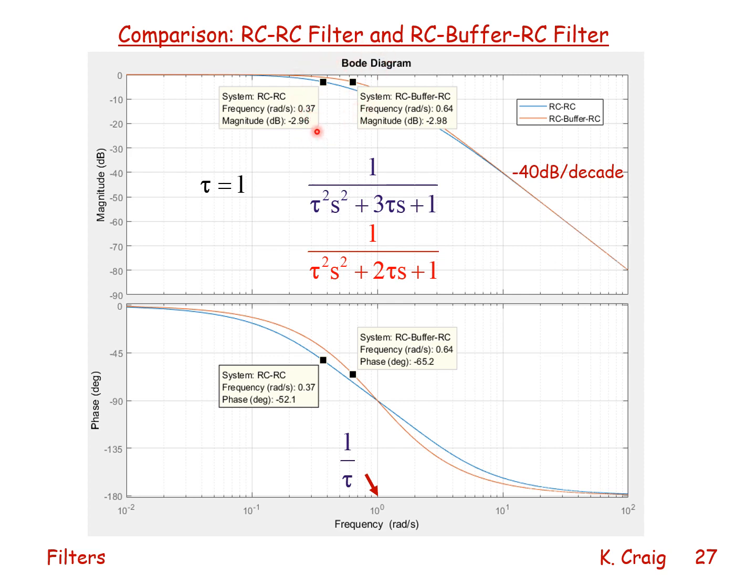Where does it drop minus 3 dB? And we see for the RC buffer RC, you have a higher bandwidth than you do for the RC RC combination. And you can also see the frequency response phase angle plot for both the RC RC and the RC buffer RC.